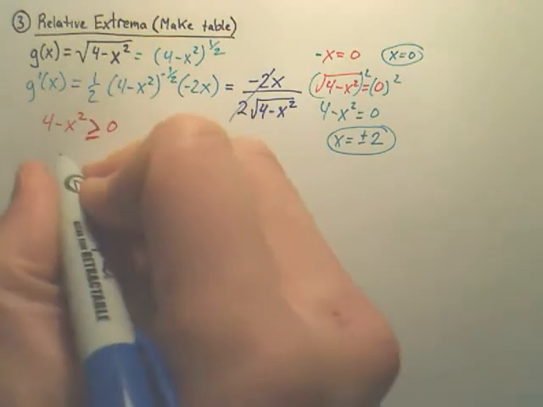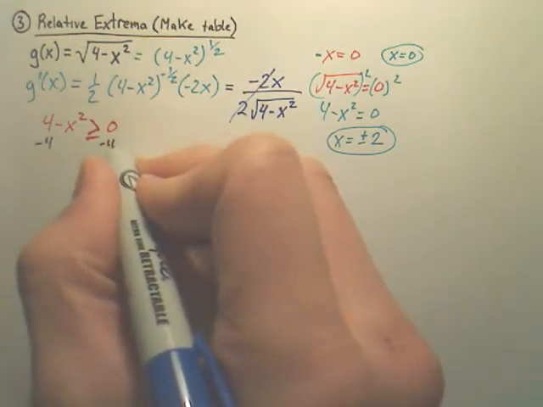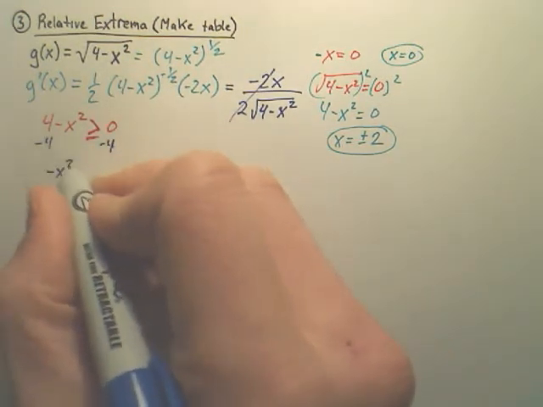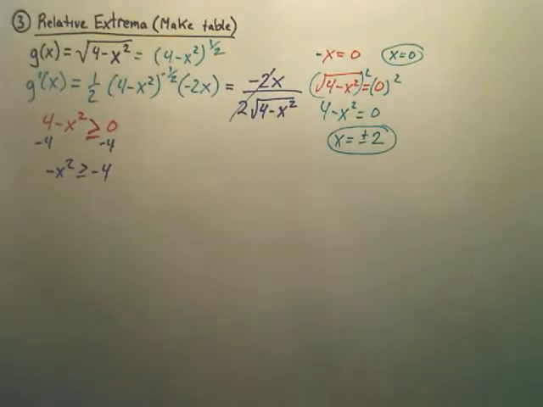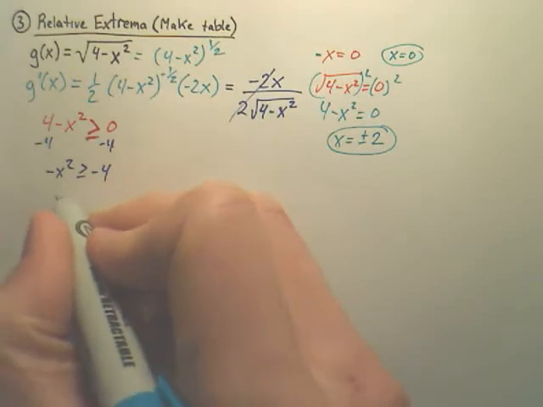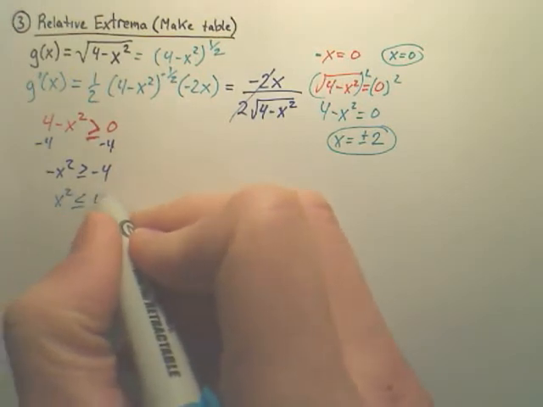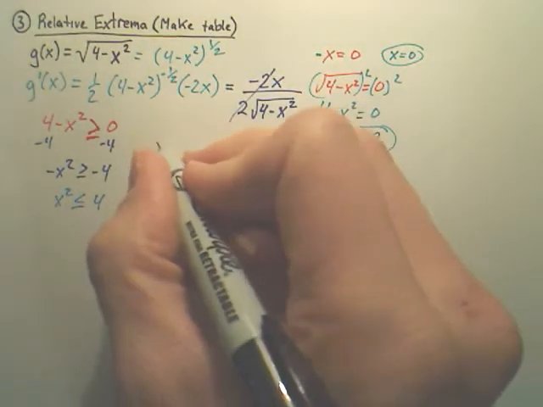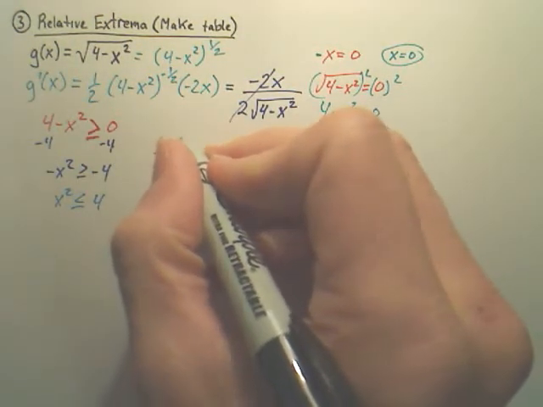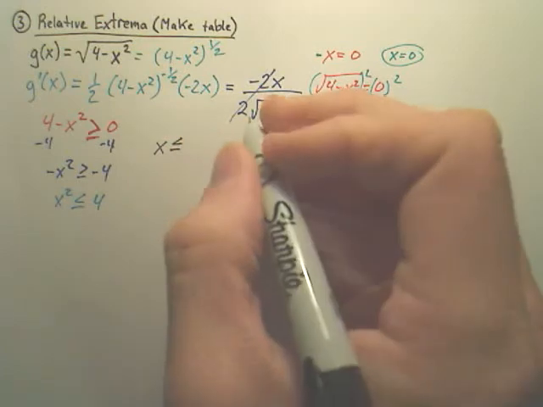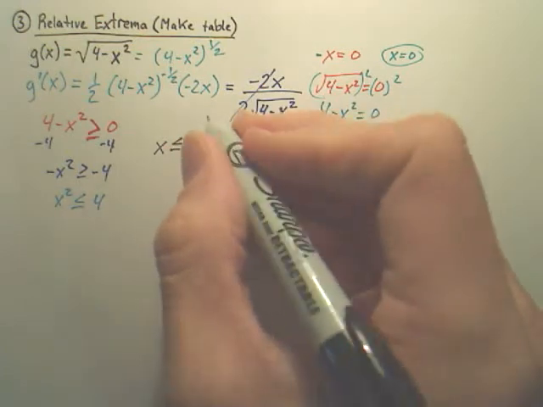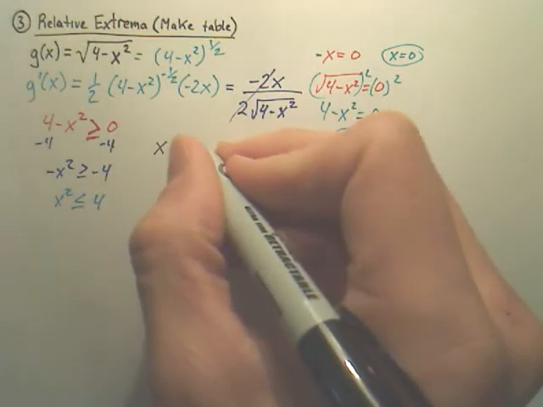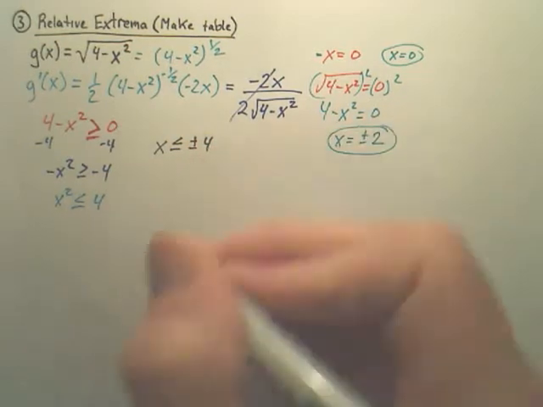If we solve this, you end up with negative x squared is greater than or equal to negative 4, which when you divide by negative 1, the sign flips. When you square root both sides, you end up with x has to be less than or equal to positive or negative 4, which doesn't make sense.